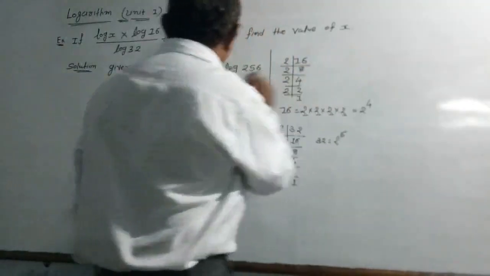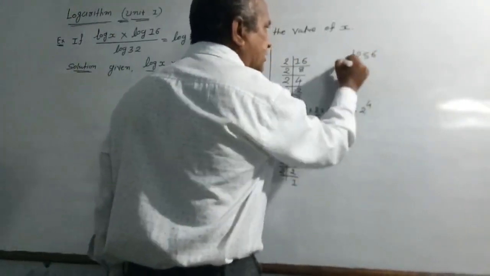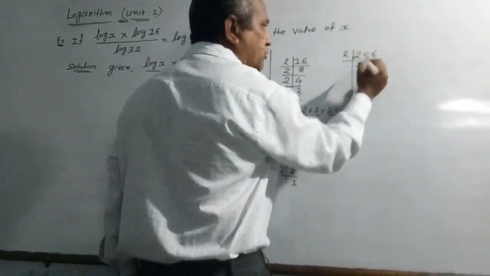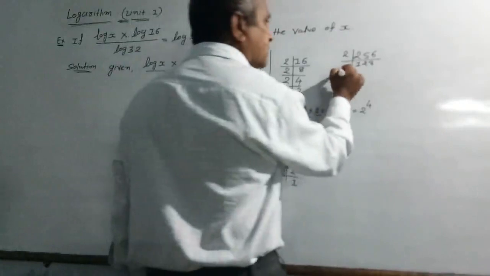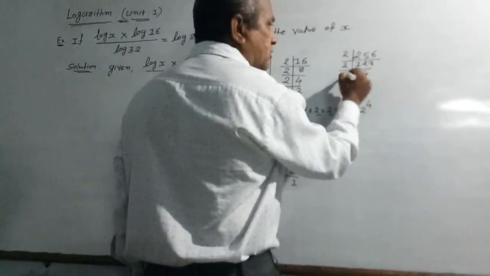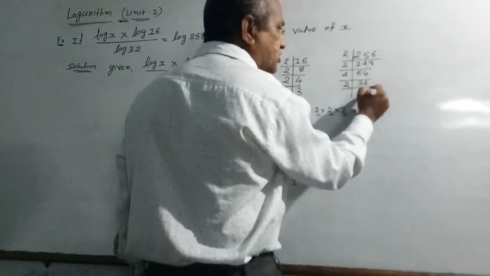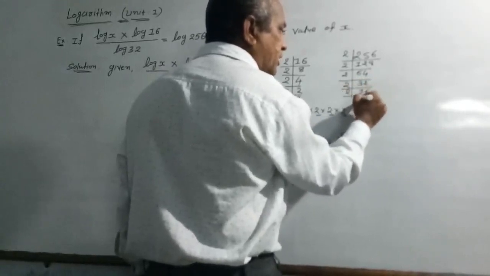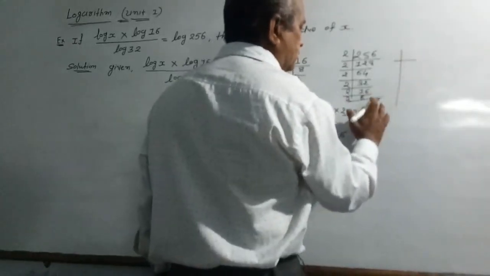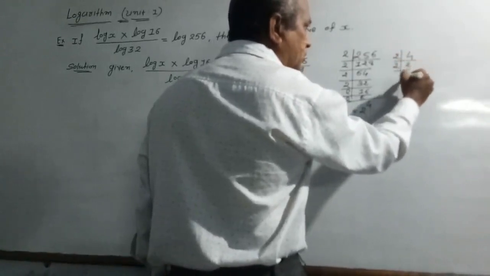Now the factors of 256. 256 divided by 2 is 128, 128 divided by 2 is 64, 64 divided by 2 is 32, 32 divided by 2 is 16, 16 divided by 2 is 8, divided by 2 is 4, divided by 2 is 2, and divided by 2 is 1.